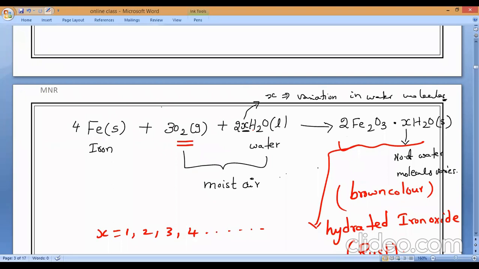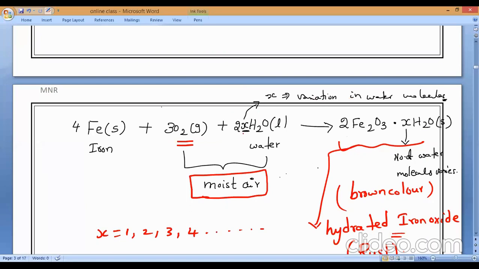Both together we call moist air, and it will form iron oxide, that is, hydrated iron oxide. So now I am taking XH2O here because from place to place the amount of moisture keeps on varying. It is not constant across the earth.